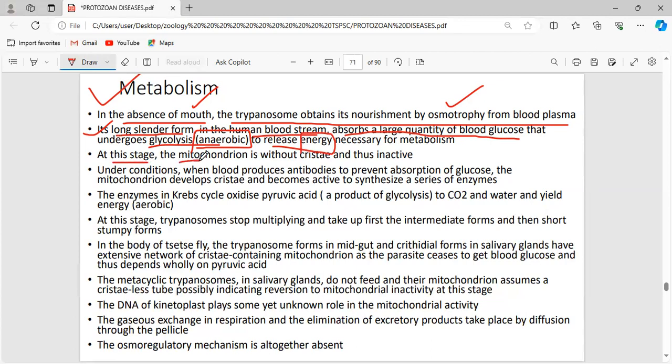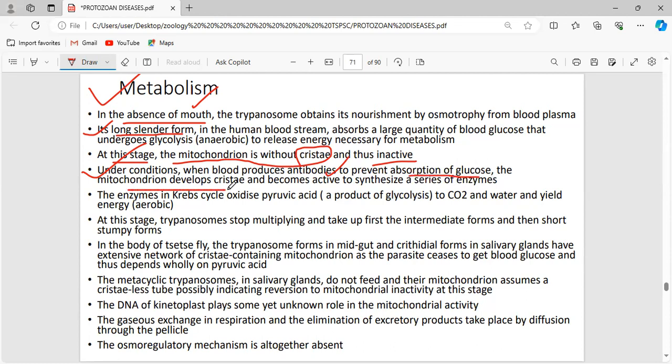At this stage, the mitochondrion is without cristae and thus inactive. See, when the mitochondrion is present without the cristae, it is inactive in nature. Under certain conditions, when the blood produces antibodies to prevent the absorption of glucose, when the cell finds that absorption of glucose is enough, then the blood produces the antibodies, and these antibodies prevent the absorption of glucose.